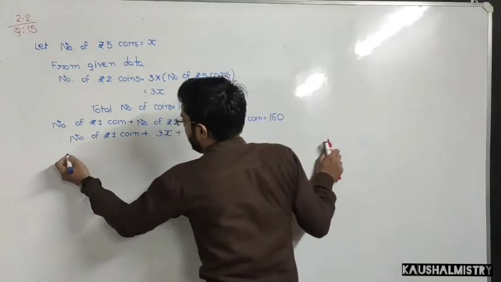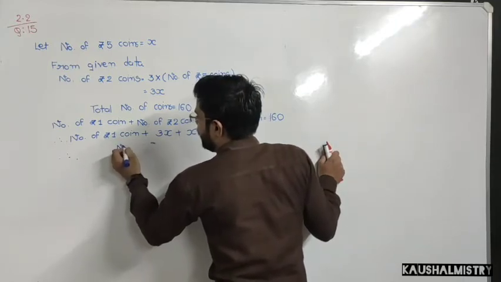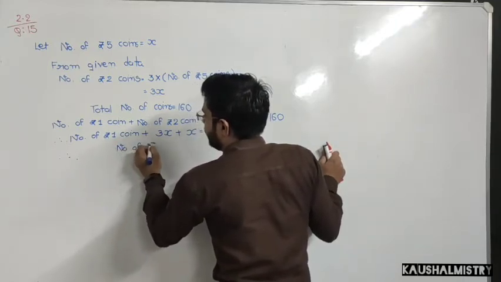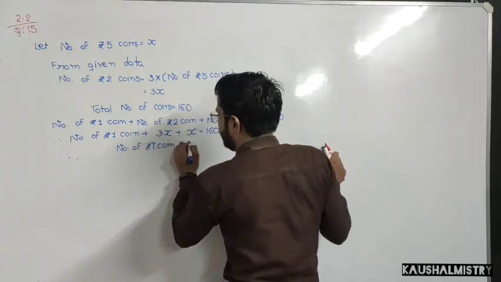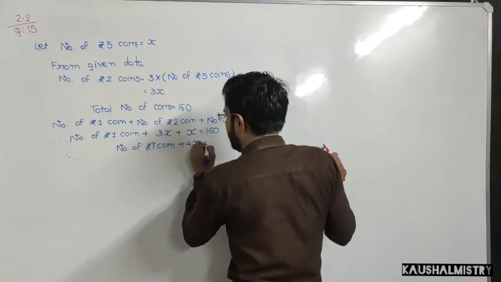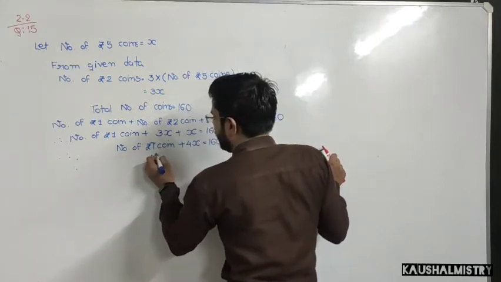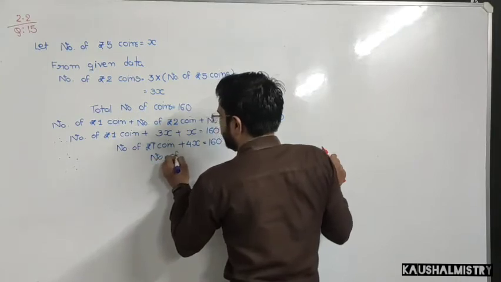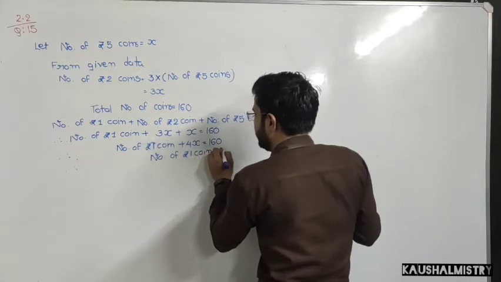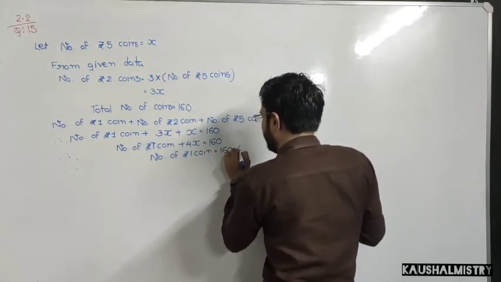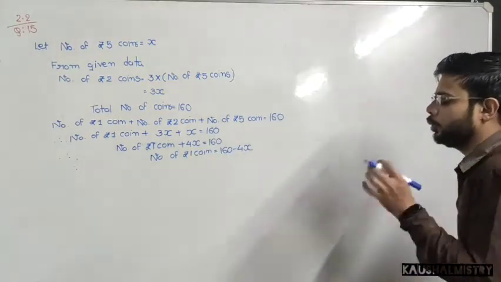So therefore number of rupee 1 coin plus 4x is equal to 160. So therefore number of rupees 1 coin will be 160 minus 4x.